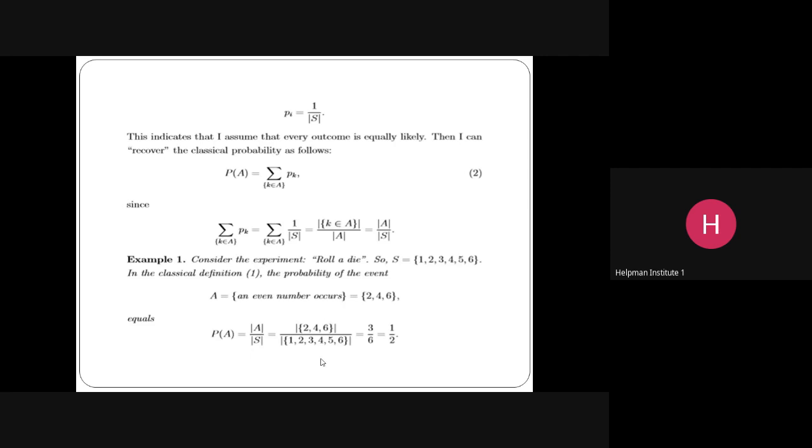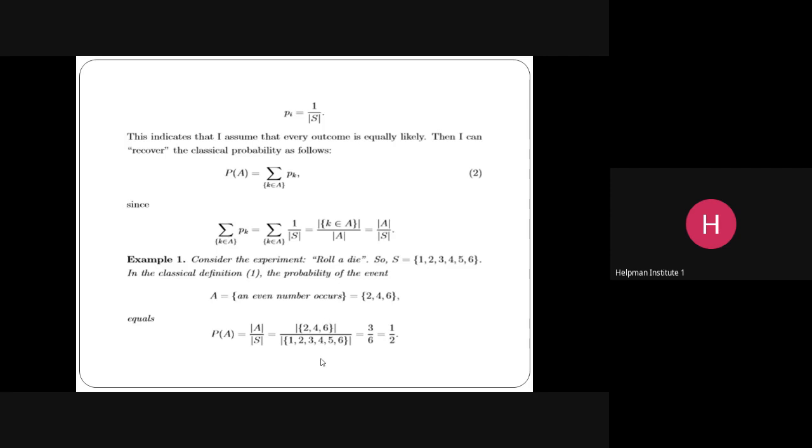So for the event A, the even numbers that occur are 2, 4, or 6, over the total sample space, which is 1 or 2 or 3 or 4 or 5 or 6 occurring. Now we have 3 over 6. When we do the division, we get 1 over 2.